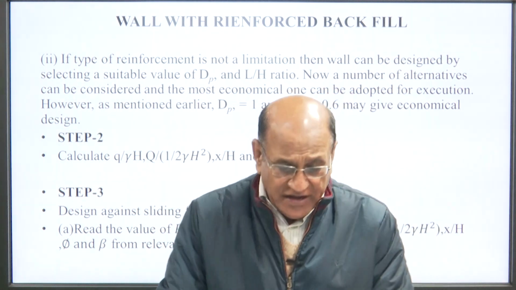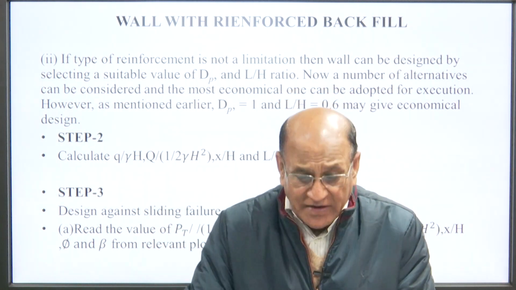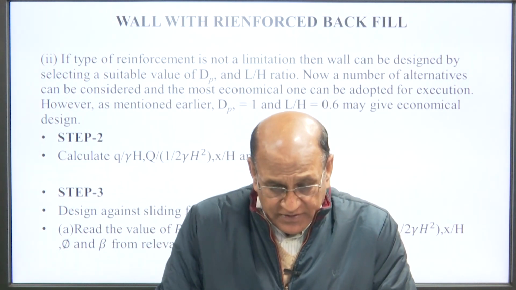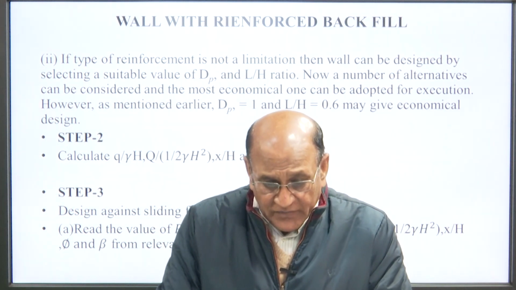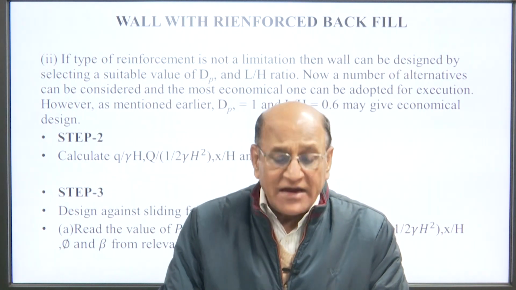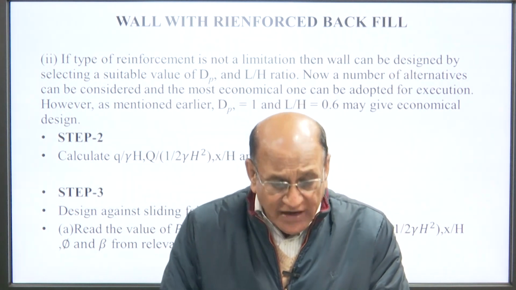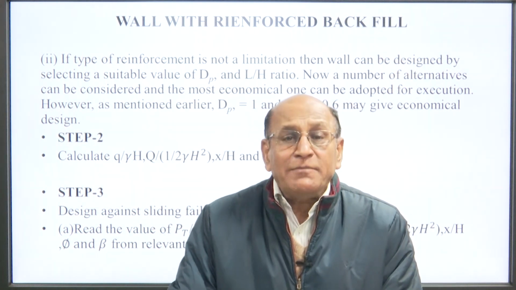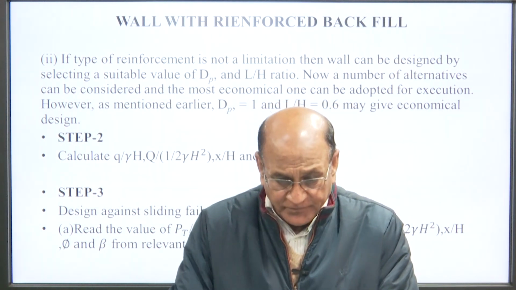The second note is, if the type of reinforcement is not limiting, then the wall can be designed by selecting a suitable value of dP and L by H ratio.